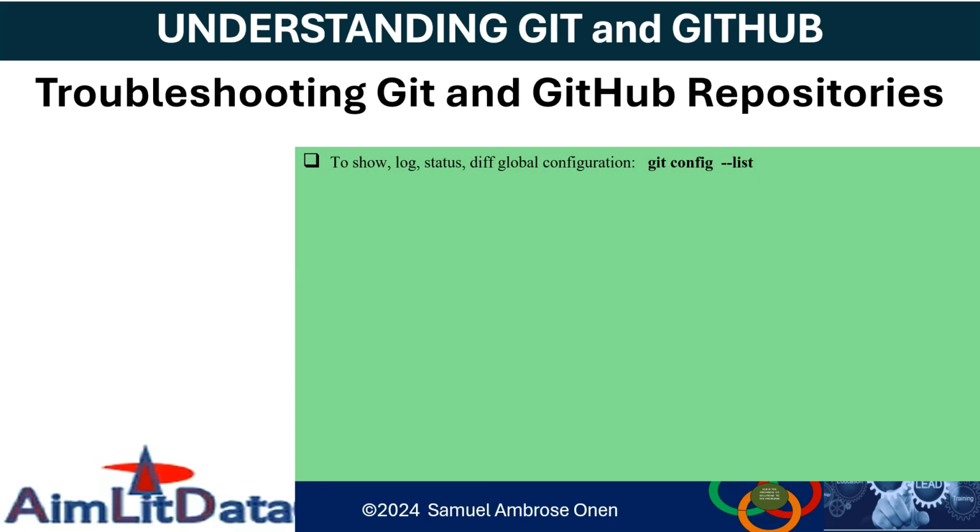In the previous video we took a look at how to troubleshoot Git and GitHub repositories, where we looked at how to use the show command. The show command, git show, actually tells us about the last commit with the detailed information concerning the version of the file as well as the actual message that has been committed.